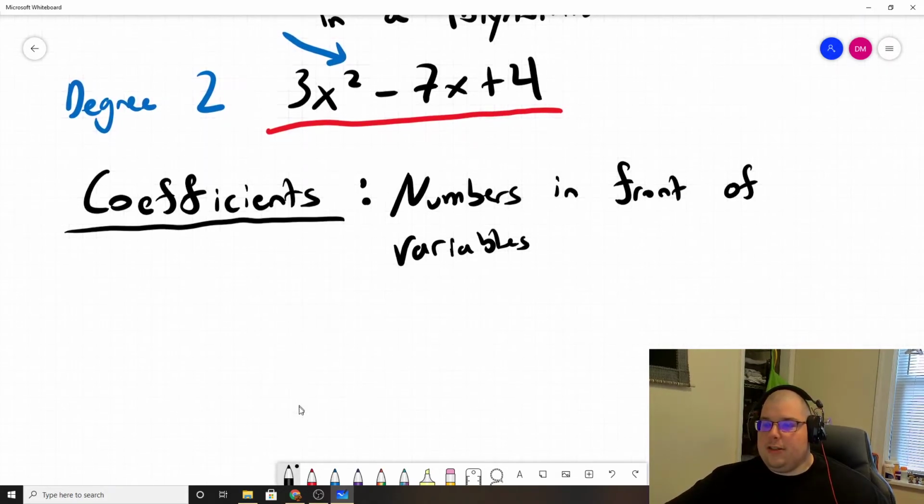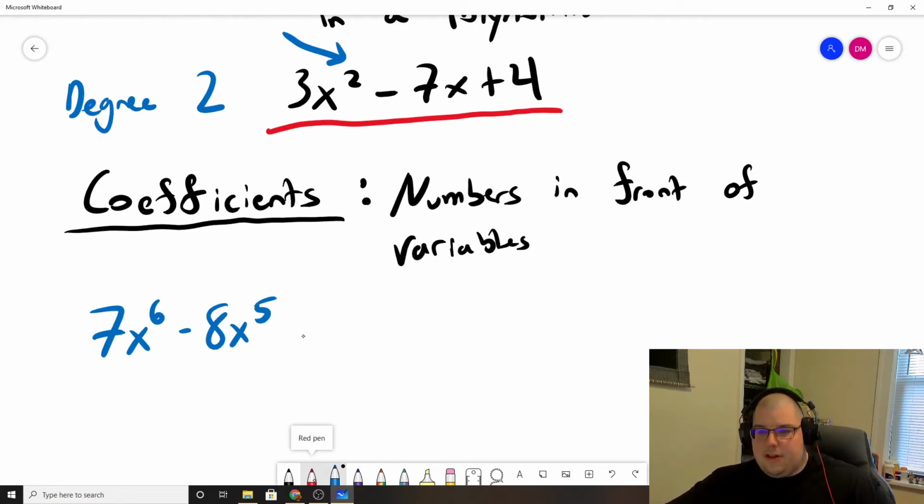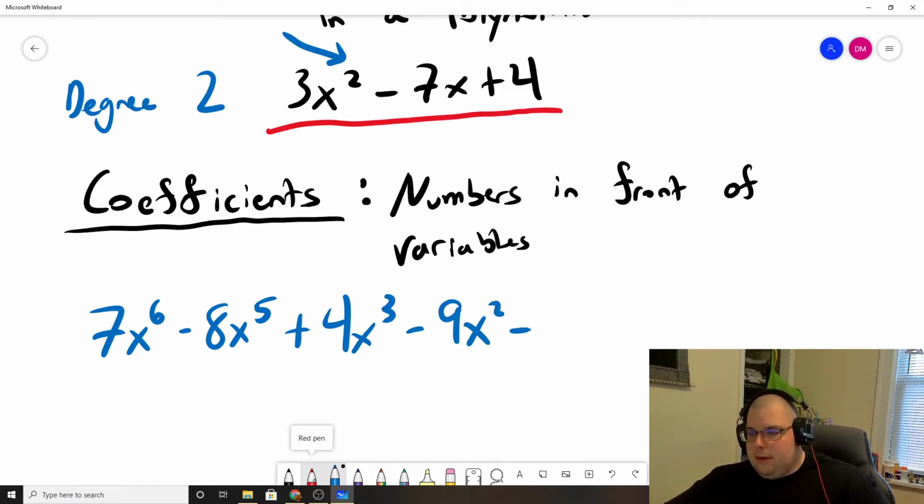So if I look at the polynomial, let's make it bigger so we get more of an idea. Let's go 7x to the 6th minus 8x to the 5th plus 4x cubed minus 9x squared minus 12x plus 14.